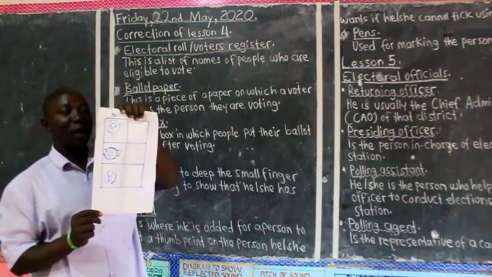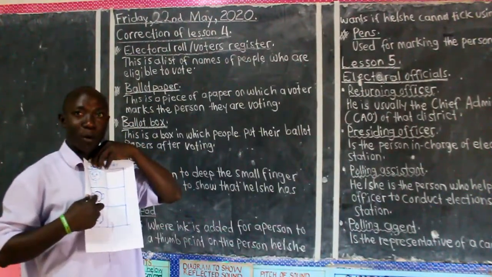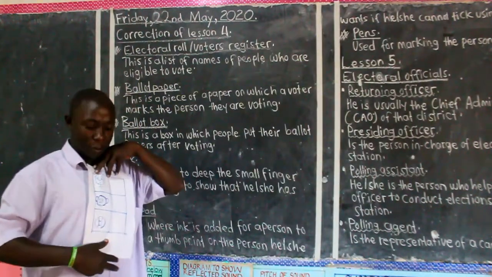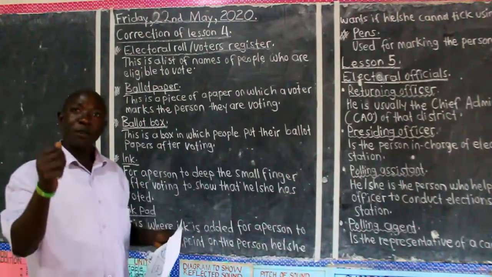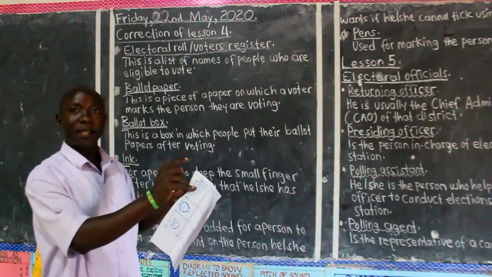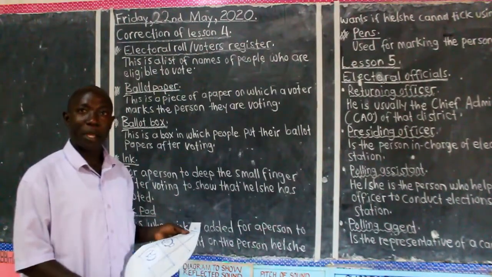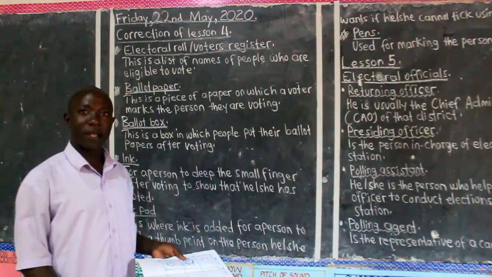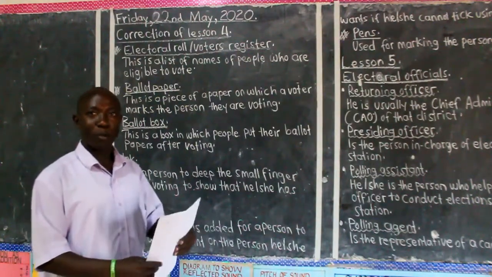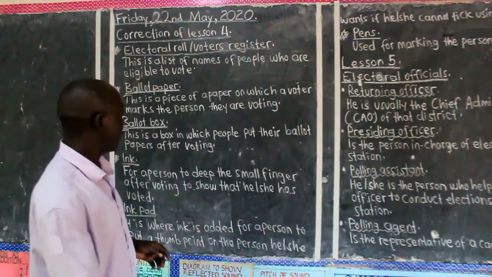Here you choose the person whom you want among these 3 people you are seeing. You can use a pen to tick, or if you do not know how to write, you can use your thumbprint. We are going to see all of that.